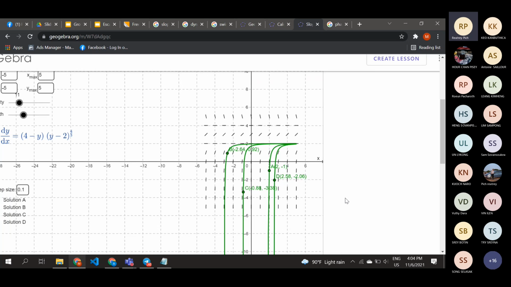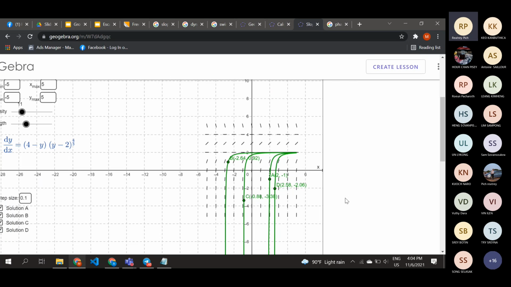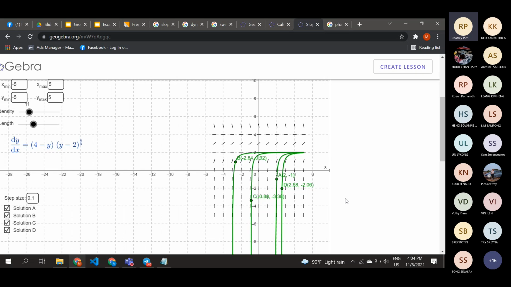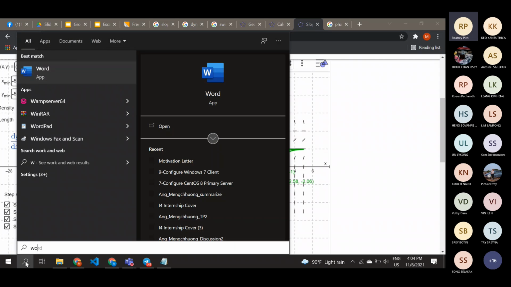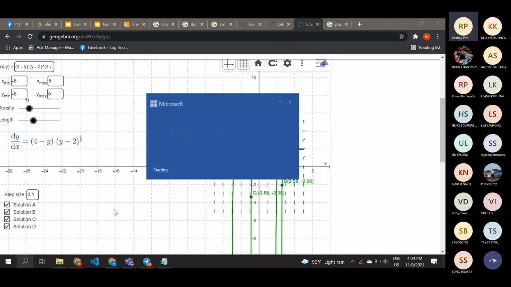And then, can you identify which one is stable and which one is unstable? To tell stable or unstable, we need to draw the phase diagram. Okay. Now let me try to open Word.